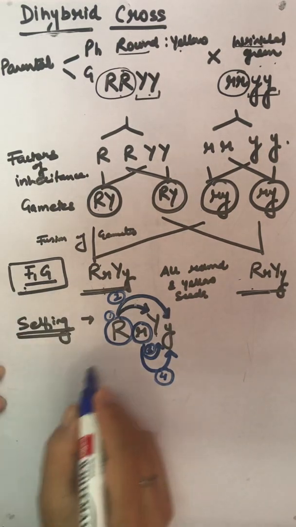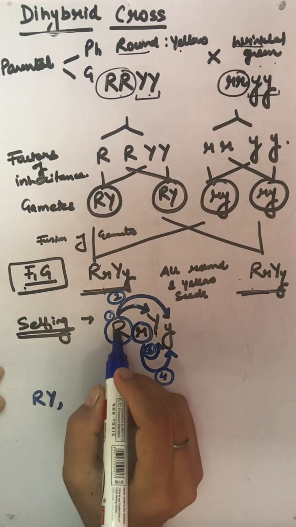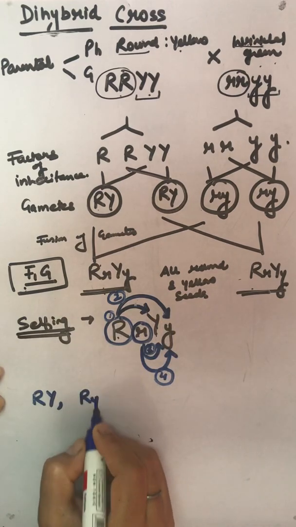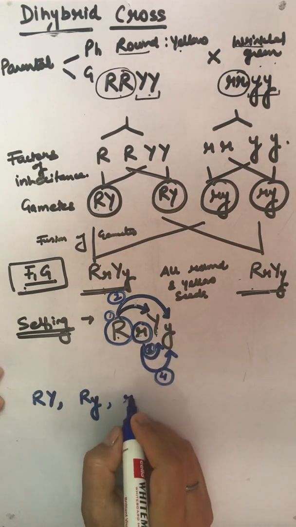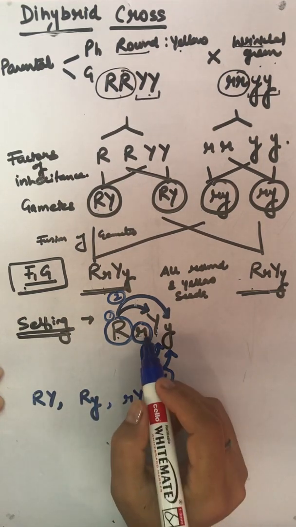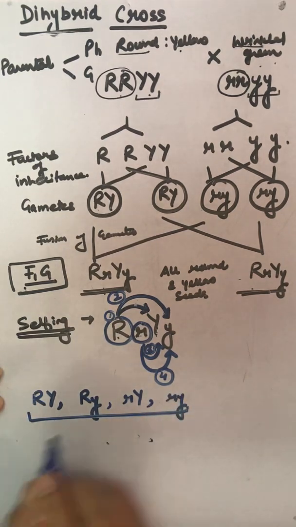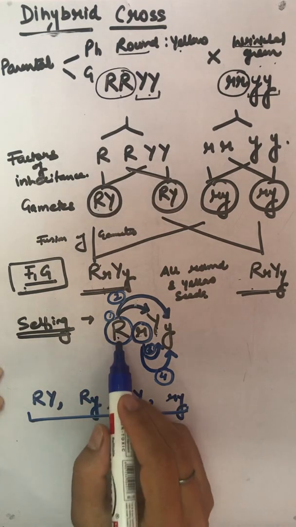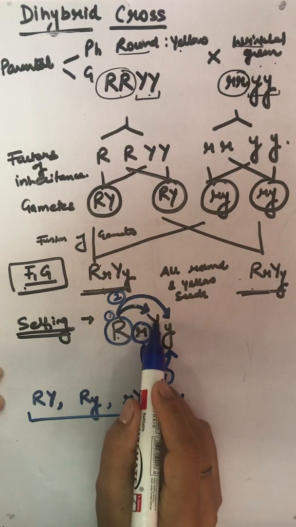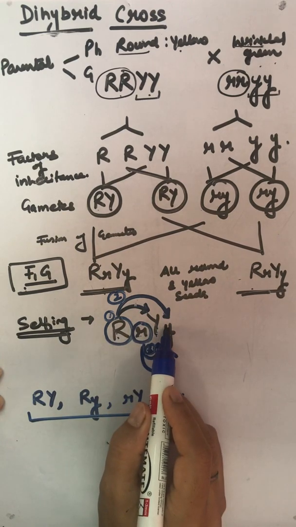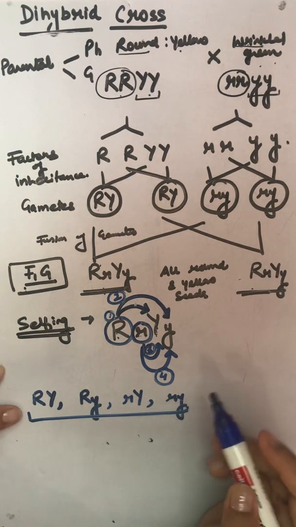The resultant here after selfing is the gametes will be capital R, capital Y, capital R, small y, because we have fused gametes of two different factors. Then small r, capital Y, small r, small y. This is the result after selfing. That means now these gametes are independent of their pair and they can fuse with the different pair to assort, and formation of new gametes is observed.